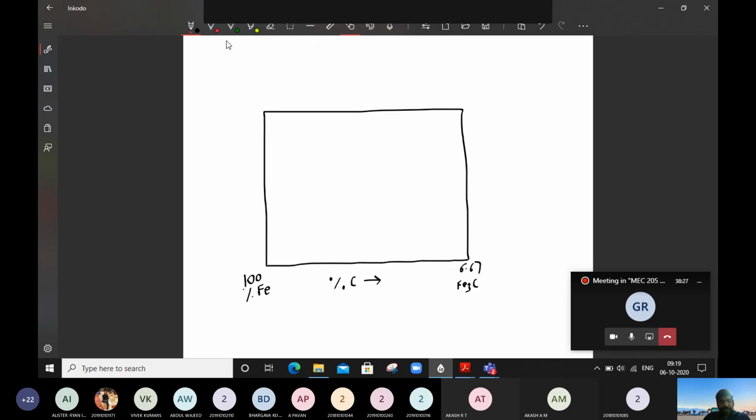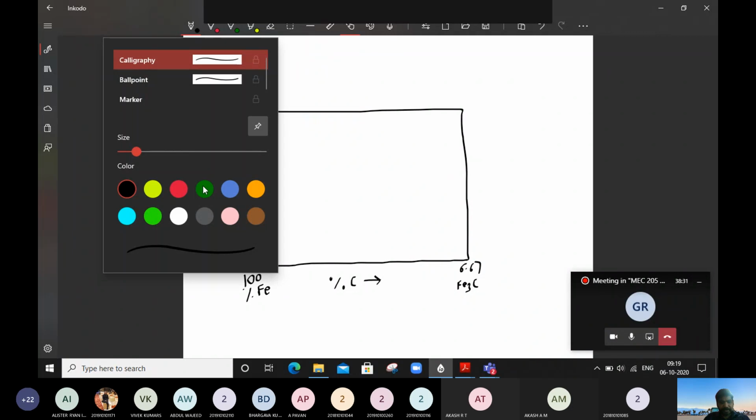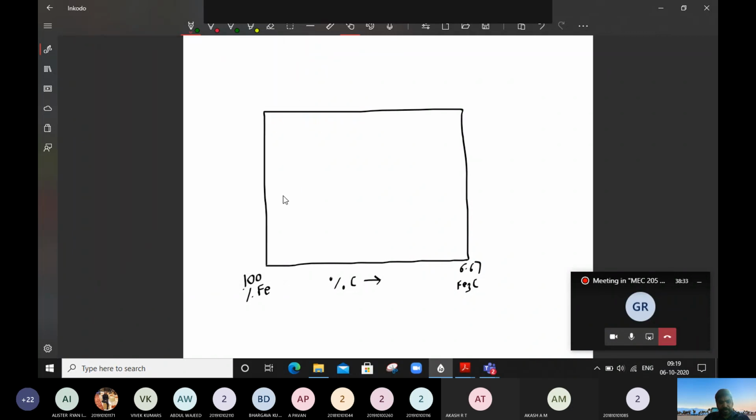Let me take some different color. I am drawing this alpha boundary. This green color is the alpha boundary, so everything within this is alpha iron. And what is the maximum composition?